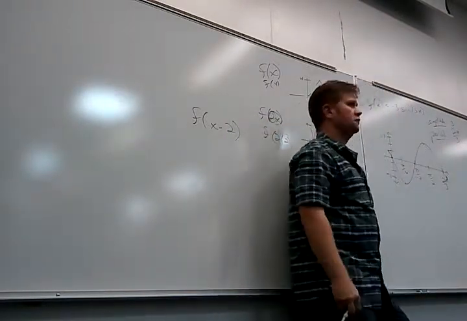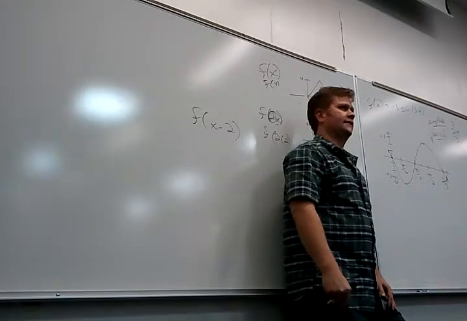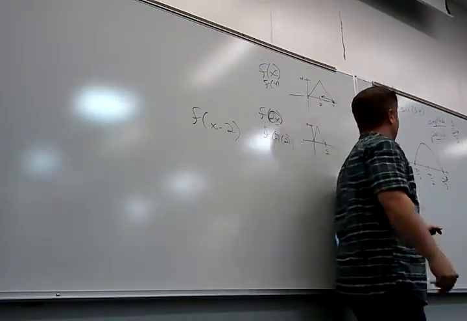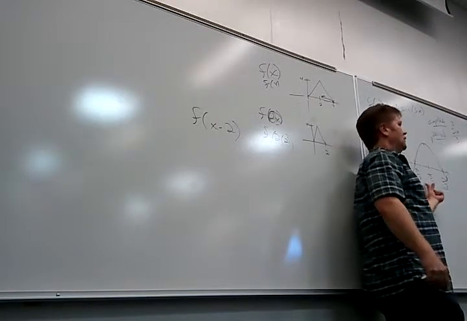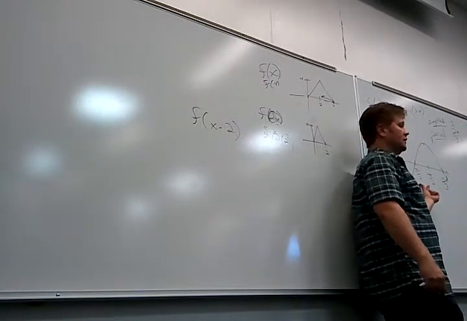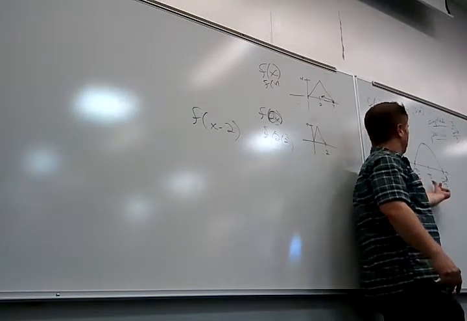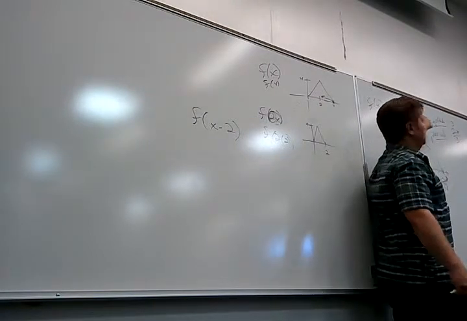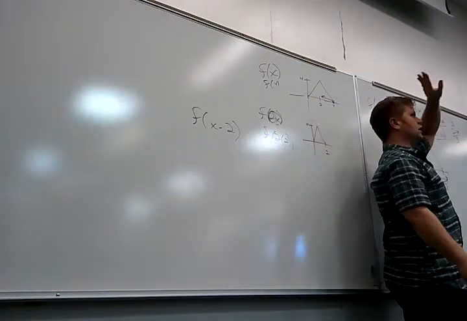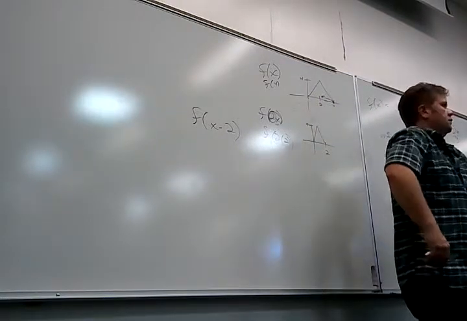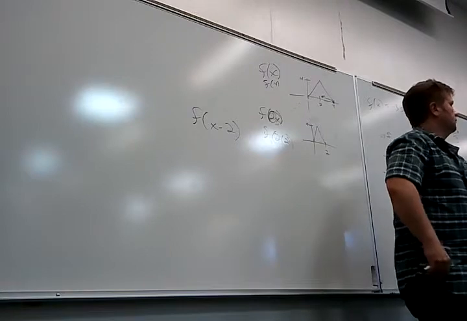How can you check yourself? Graphing calculator. I like the graphing calculator. But what's wrong with the graphing calculator? It's not going to give you this scale, is it? No. If it does, that's neat. But let's plug in a point, pi over 2. If I plug in pi over 2, what's the sine of 3 pi over 2? I'm at the y-axis this way. What's the sine of 3 pi over 2?